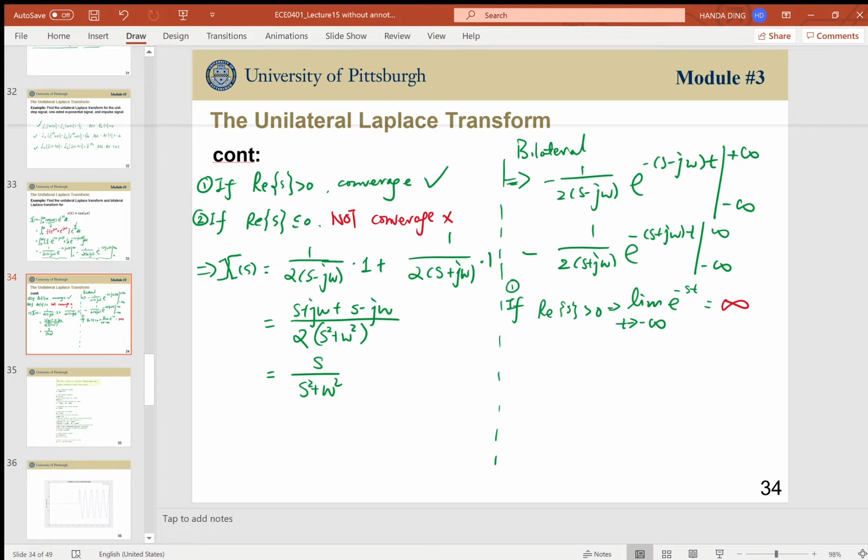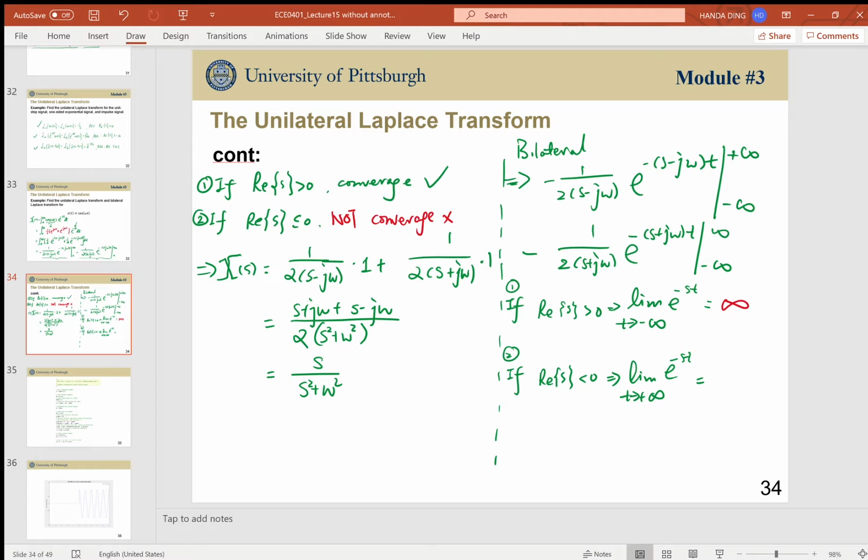Same thing here as well. If we go in the other direction, to positive infinity, what's the result?